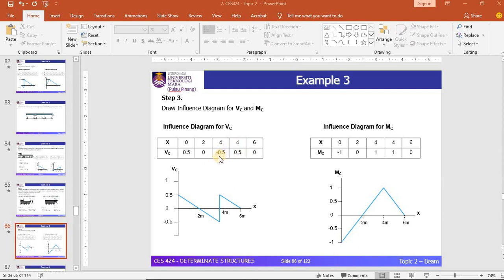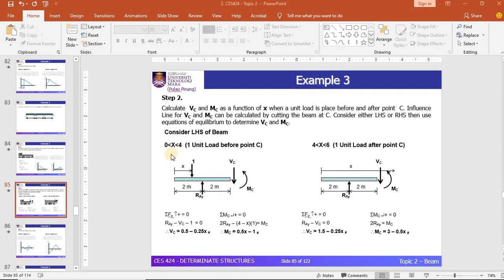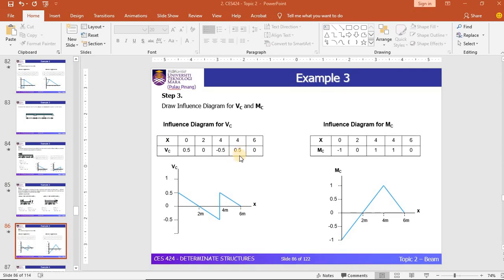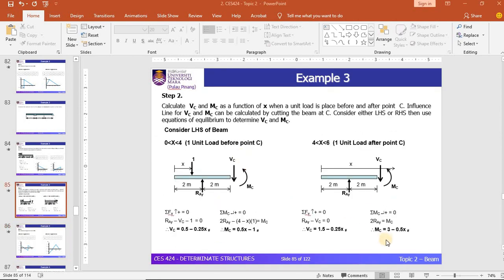The value of negative 0.5 is based on the equation from the first range, 0 to 4. Meanwhile, the value of 0.5 is obtained from the second equation, the second range, which is 1.5 minus 0.25x. Therefore, for the shear force, you need to consider the same point but different equations.